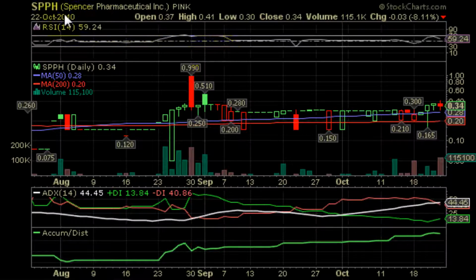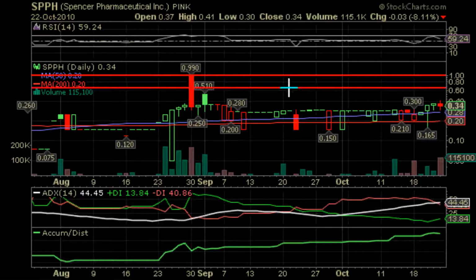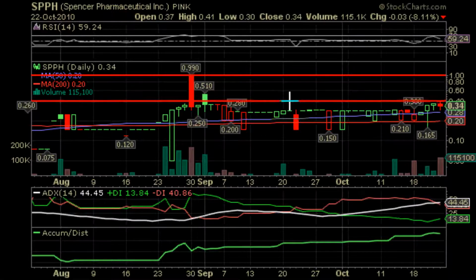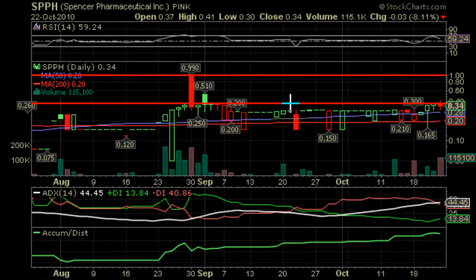As for resistance, we're going to start with the heaviest level of resistance, which can be found right here at 0.99. The old peak is always the new resistance, so that's what that's going to be. And now we're going to look for the next level of resistance, and that level can be found, let's see, right here.